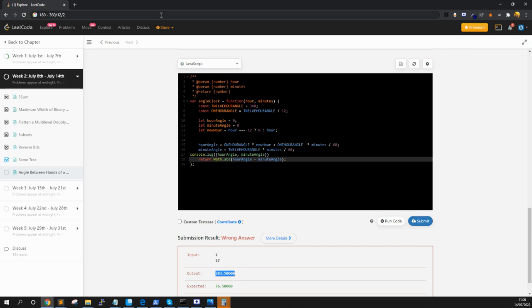I think I can do modulo. No, that won't work. What we can do here is to do minus. Okay, well, what I can do is 360. Getting ugly now, and we can do better.